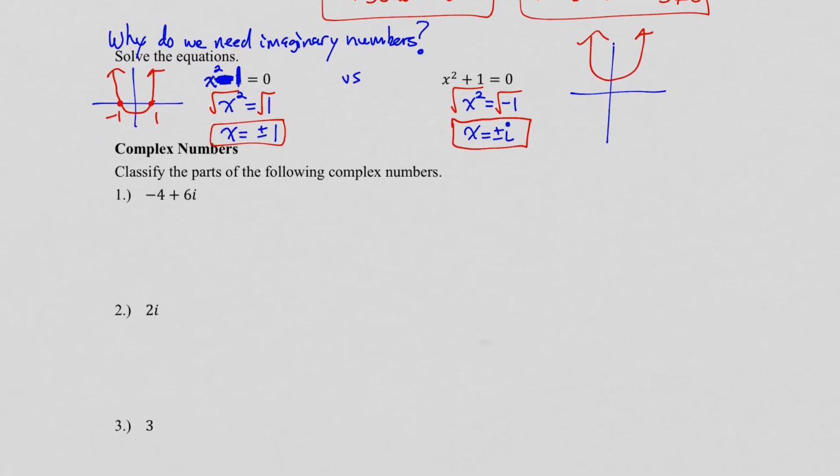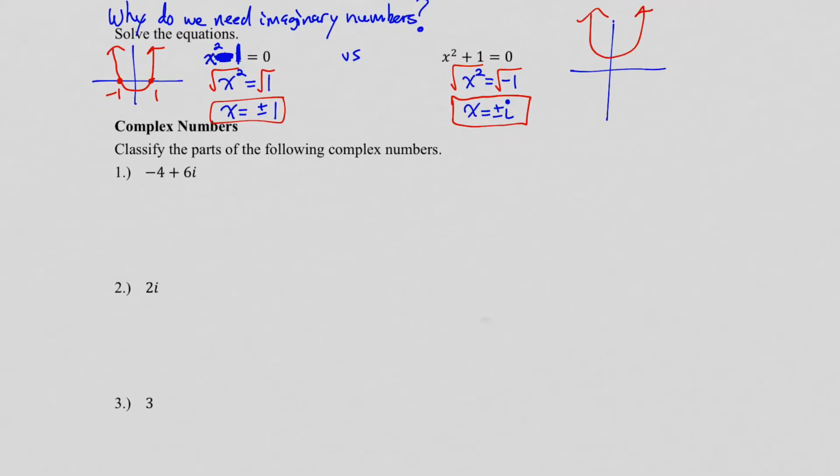So let's start digging into some questions here. First of all, we're going to classify the parts. The real part is right there. Imaginary is right there because it has an i. This one is only the i that you can see. That's the imaginary. So where's the real?